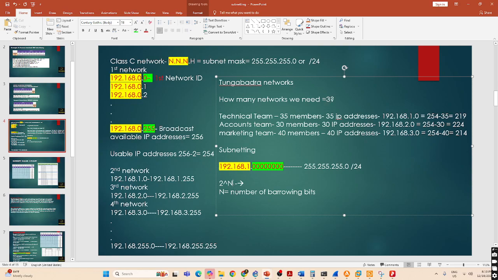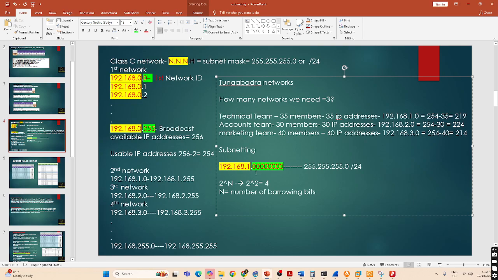Let's start with 2 power 0. What is the value? 1, right? We need 3, so it is not satisfied. So 2 power 1: no, it's not satisfied, only 2. 2 power 2 is 4.